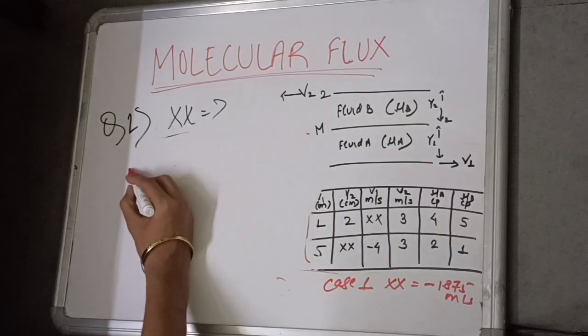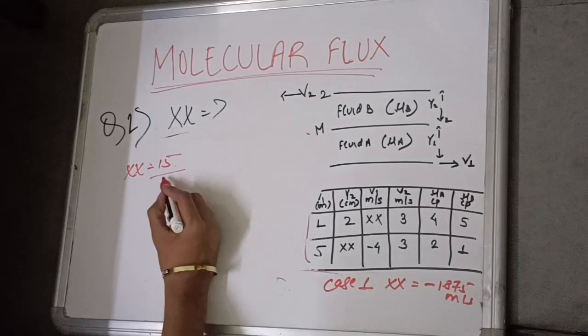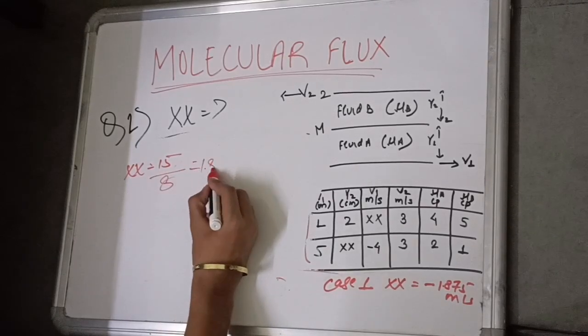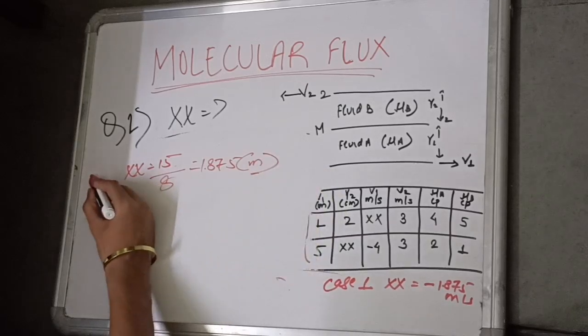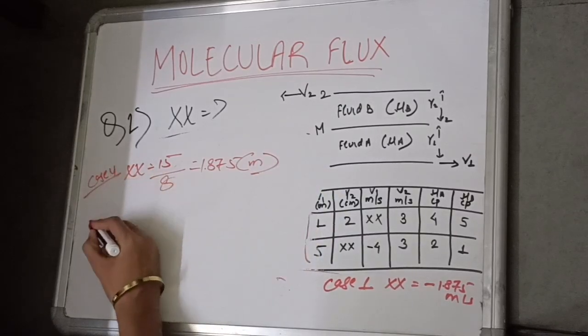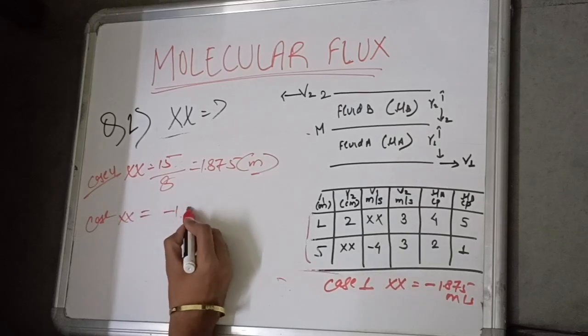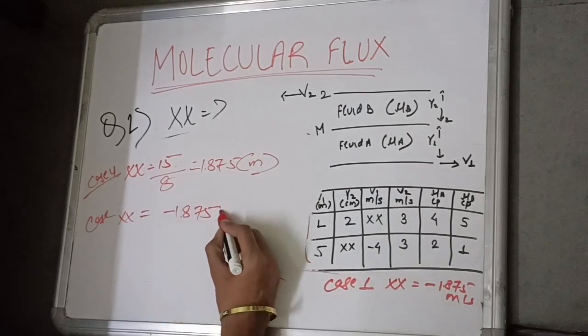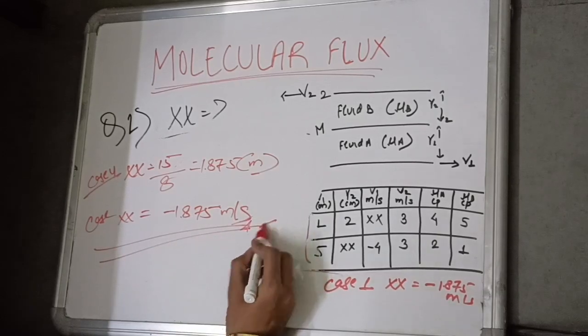In case 2, the distance between the two plates is 15 by 8, which is 1.875 centimeter, and for case 1 we have the value of x as minus 1.875 meter per second. Question time.